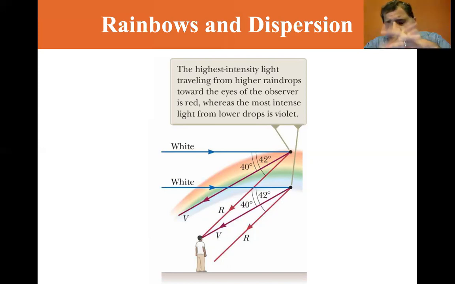The person standing next to you is going to see the same thing. The reason you see the circular pattern is the shape of your iris. If we happened to have square irises, you would see a square rainbow.